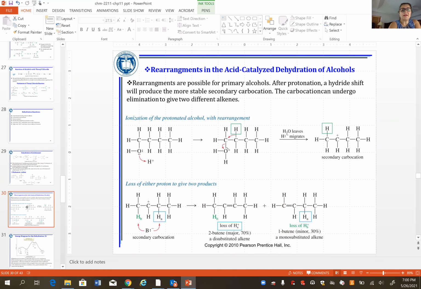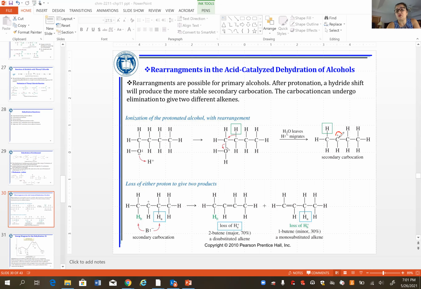Okay, since there is a formation of carbocation, there is a chance for rearrangement. So you have to always be worried about rearrangement. That's one thing. And then the other point: when you have, let's say, a carbocation forming on this carbon, the next step is removing hydrogen from an adjacent carbon.